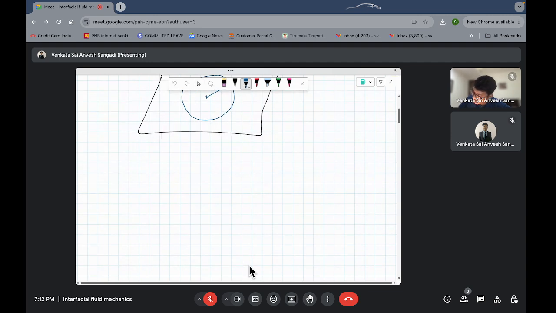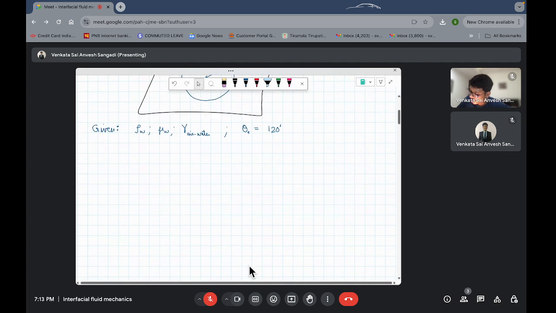It is given that rho water, mu water, gamma of air water, and the contact angle theta e is given as 120 degrees.